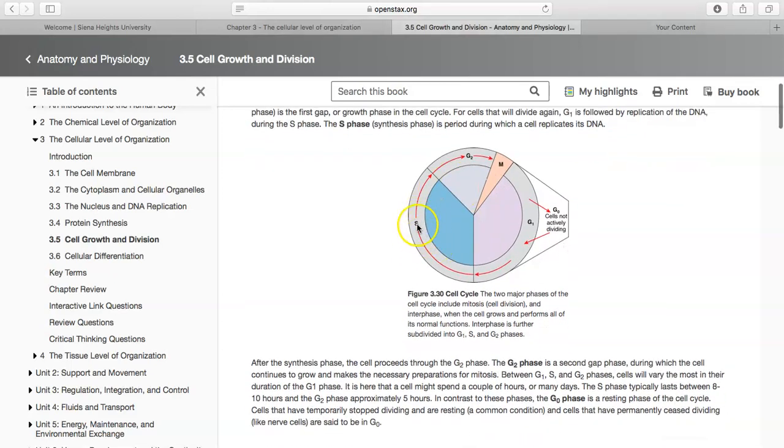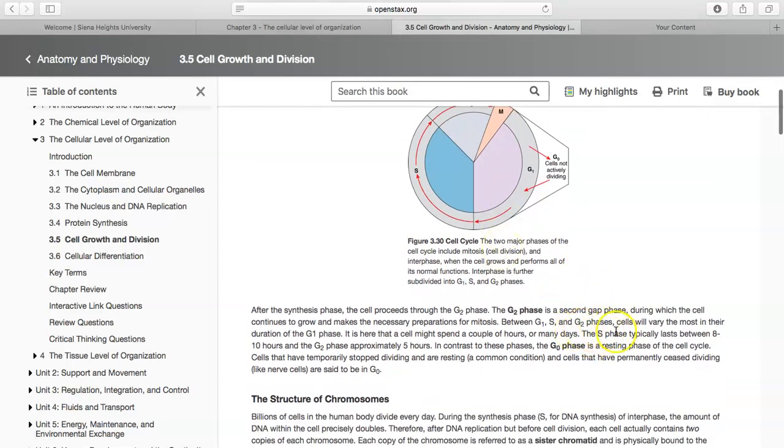After synthesis phase, or S phase, it goes into G2, which you can call second gap phase, you can call second growth phase, but basically, in G2, the cell continues to grow, and it makes necessary preparations for mitosis. So at this point, it's got two copies of its DNA, so it's going to copy other things that it needs, like the mitochondria or other organelles, and just get ready because the next stop is mitosis, okay?